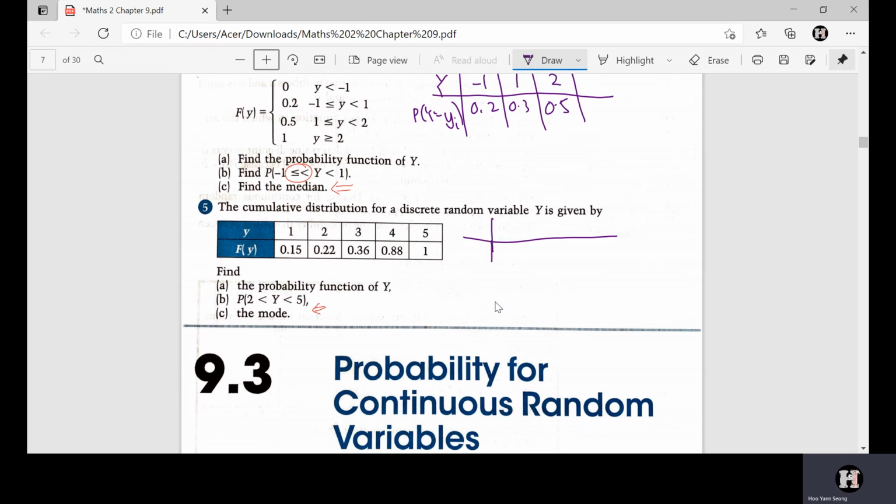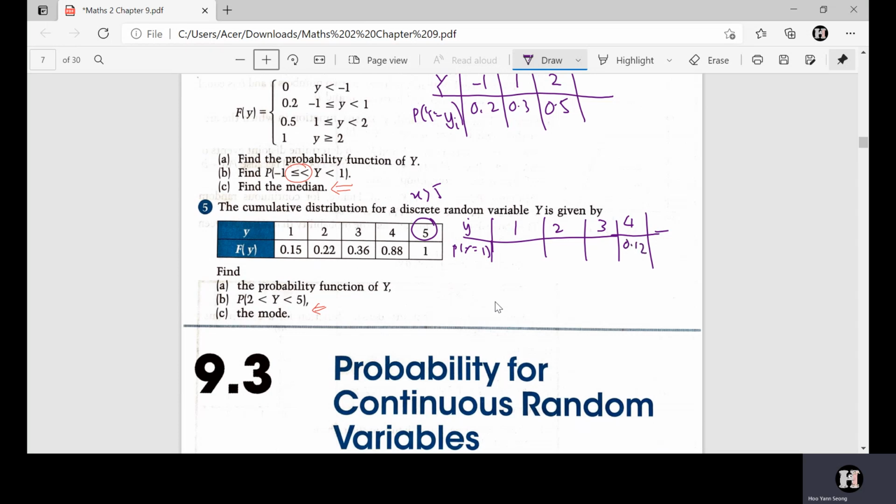Then the cumulative for y, okay. If you see here, 5 means greater than 5, so you cannot have a 5 here, it is 4, 3, 2, 1. So for 4, this one minus this one is 0.12.